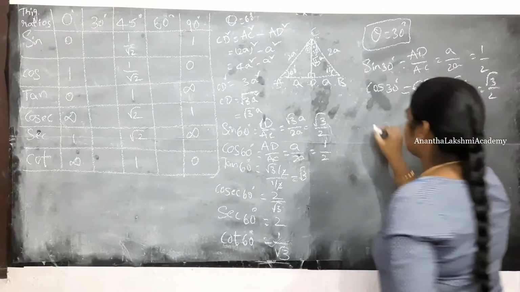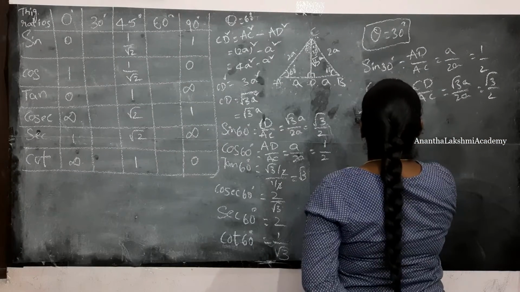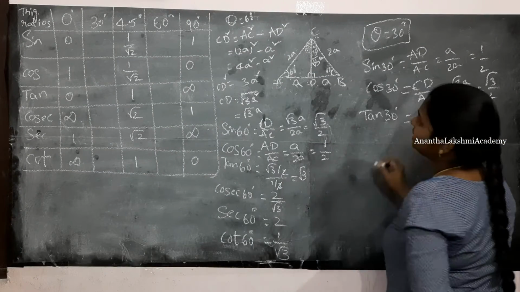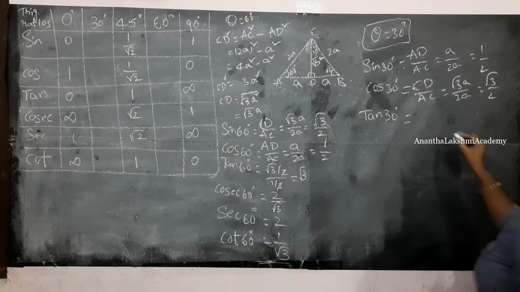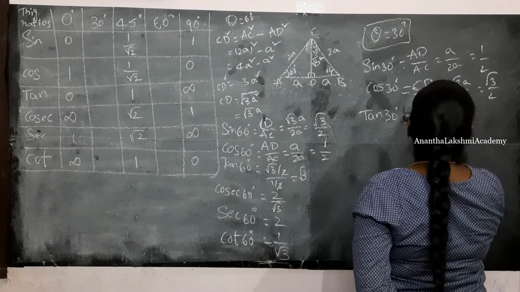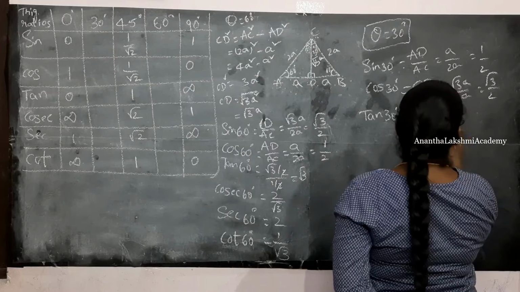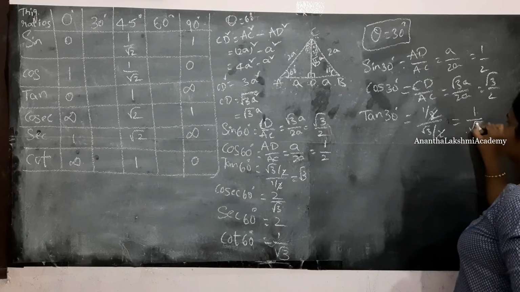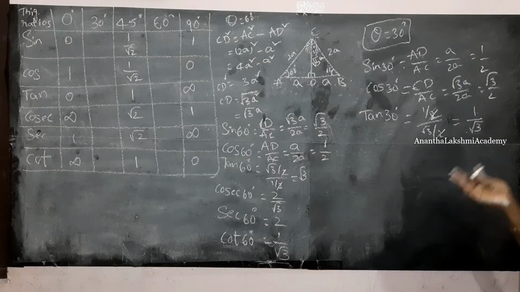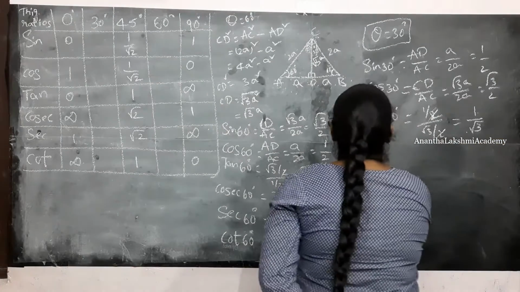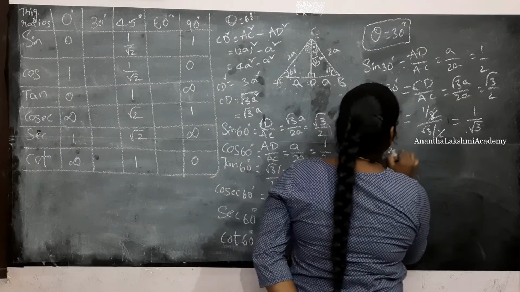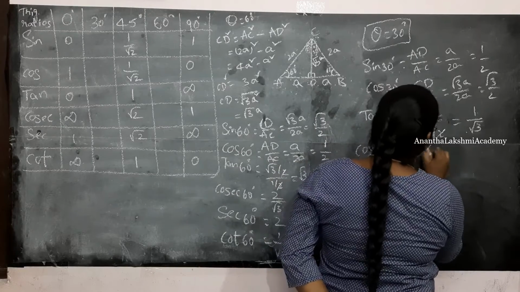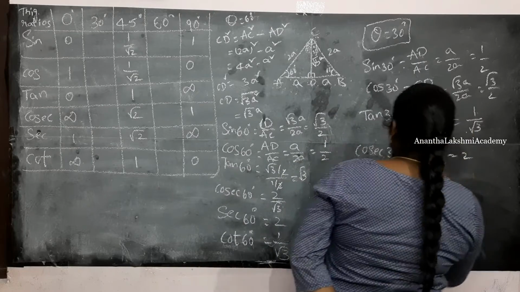Alright, let's figure out tan 30 degrees. It's nothing but sine by cos, 1 by 2 by root 3 by 2. The denominator gets cancelled and this becomes 1 by root 3. Now the multiplicative inverse ratios: cosecant 30 degrees is equal to 1 by 1 by 2, which is nothing but 2.